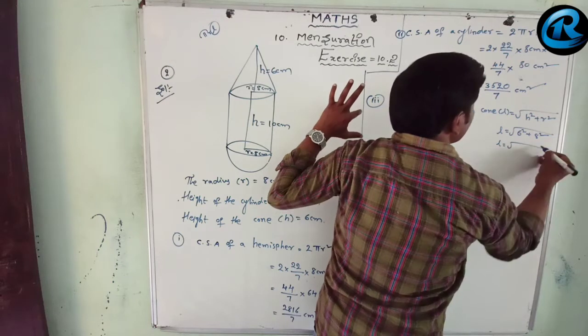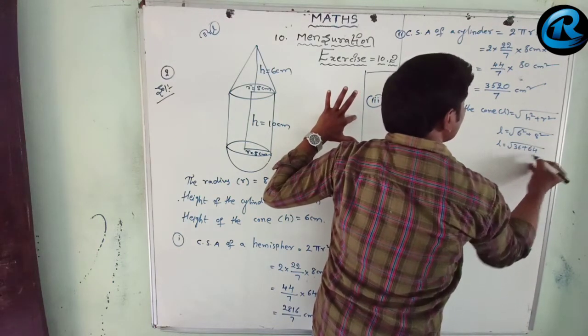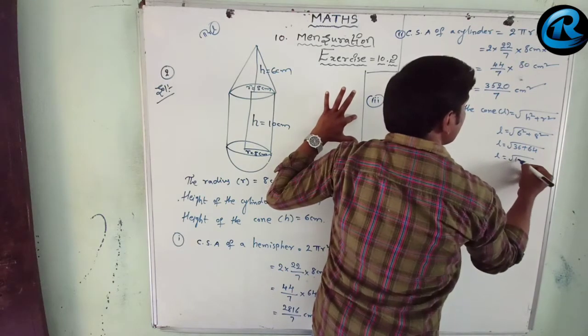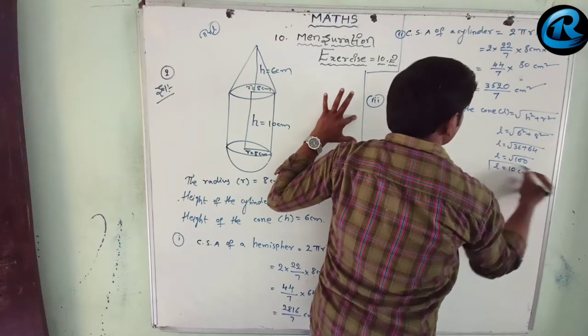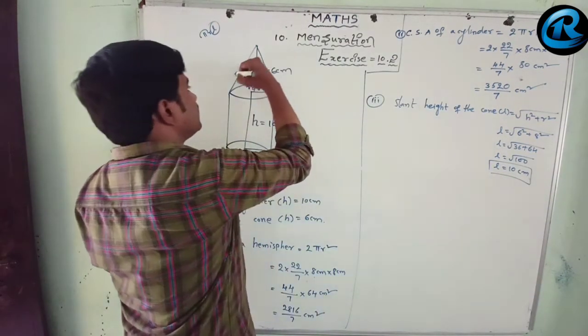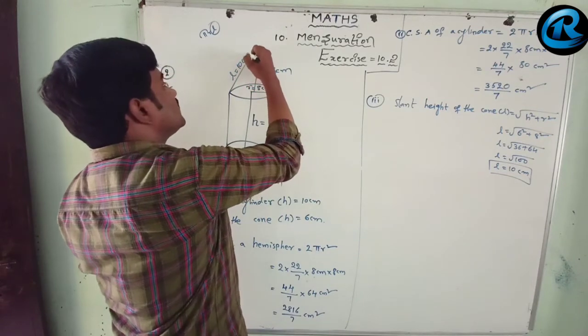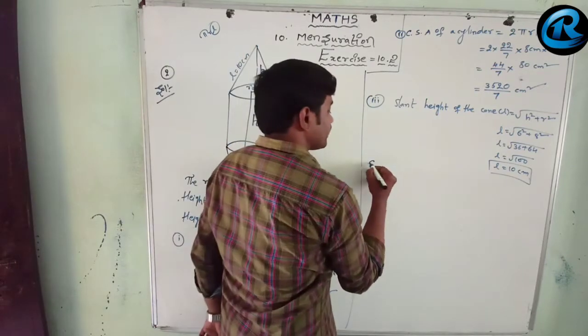So L equal to under root of 36 plus 64, that is under root of 100. L equal to 10 centimeter. The slant height of the cone is 10 centimeter. As we got it, now we can find the curved surface area of the cone.